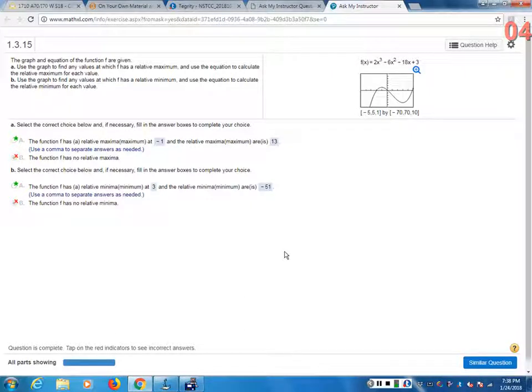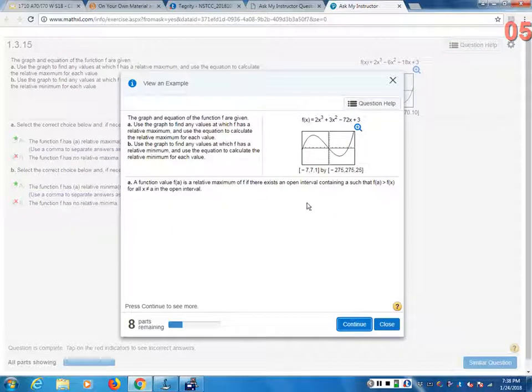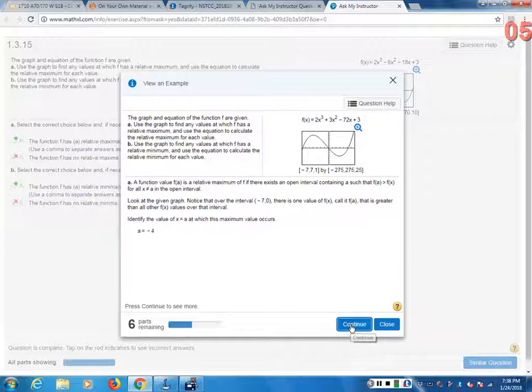Well, it doesn't really give you anything. It might in the book, but question help, did it tell you? Not much. It tried to give an example, but it didn't really. Does it tell you to use the calculator? No, that question help is not much help.